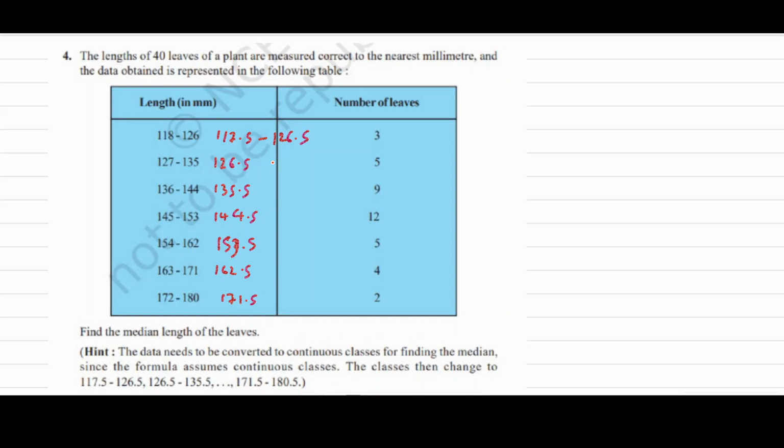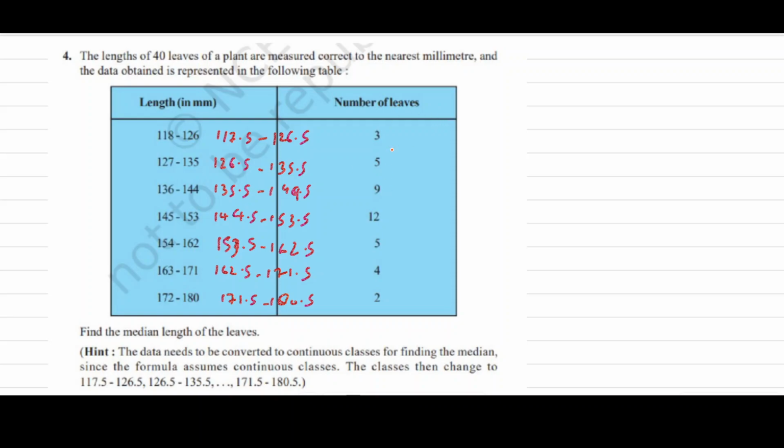Now the same things: 135.5, 144.5, 153.5, 162.5, 171.5, and this will be 180.5. This is the different class interval.